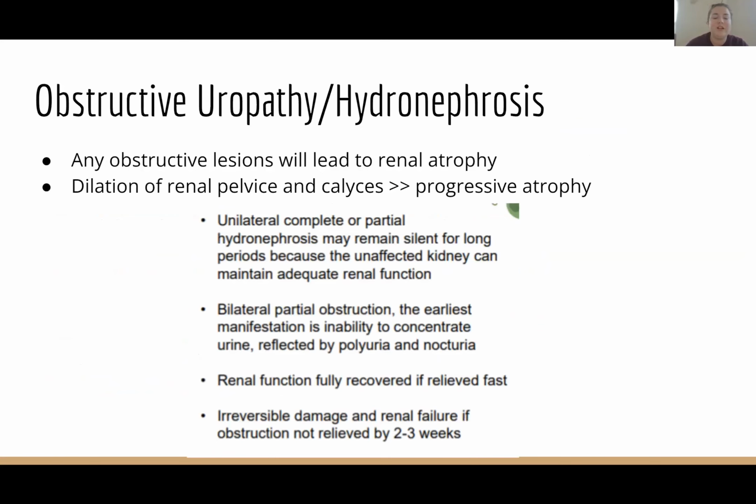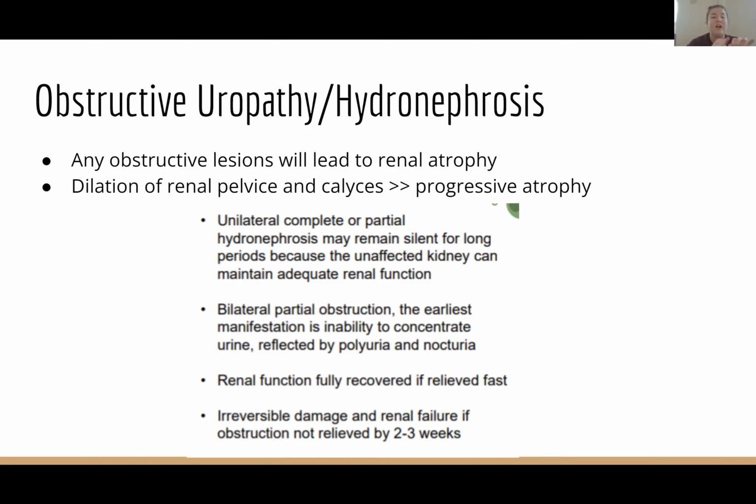And then obstructive uropathy, hydronephrosis. Essentially anything that can cause an obstruction can lead to hydronephrosis, as fluid builds up in the ureter. Which can then lead to renal atrophy, progressive atrophy, because you're getting dilation.